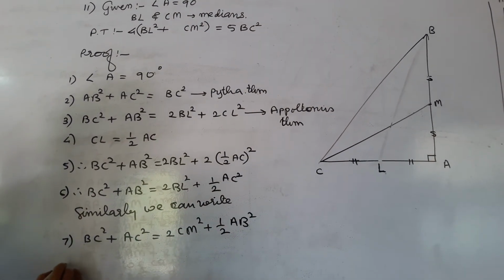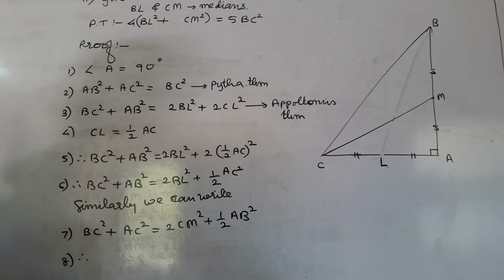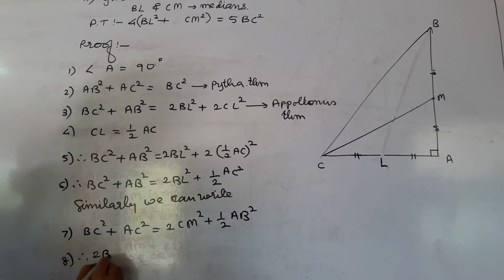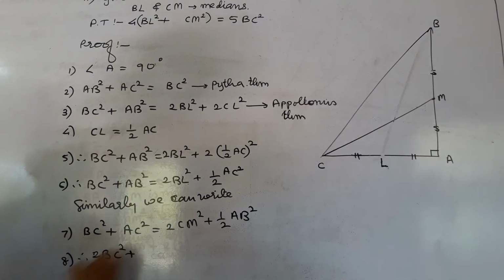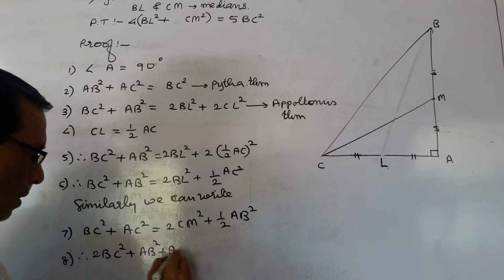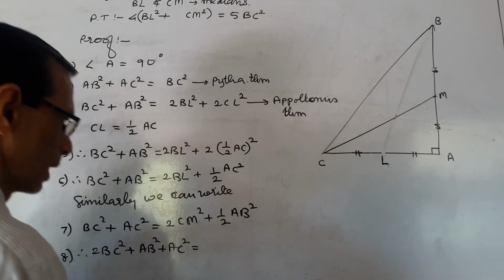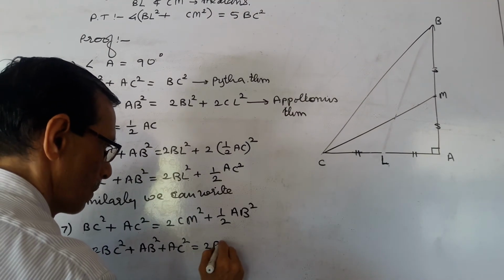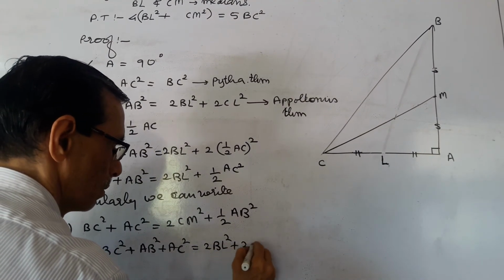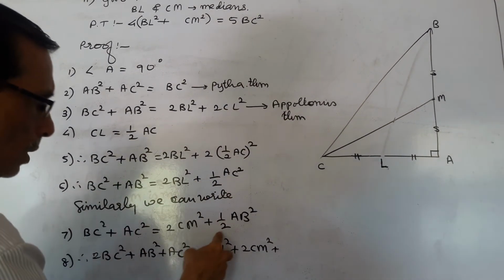So adding 6 and 7 we get 2BC square plus AB square plus AC square equal to 2BL square plus 2CM square plus half AC square and half AB square.